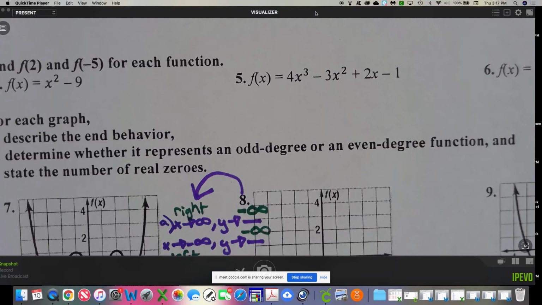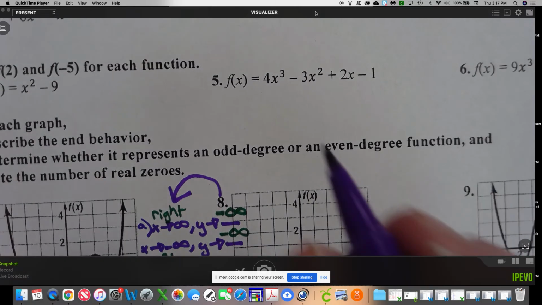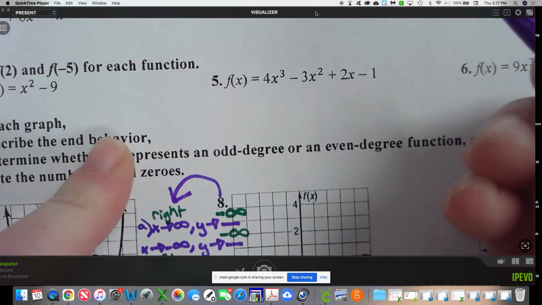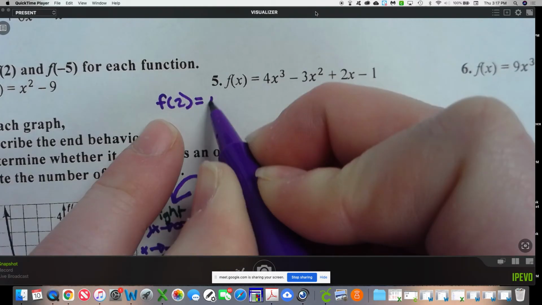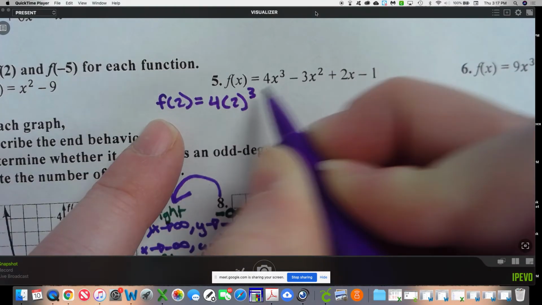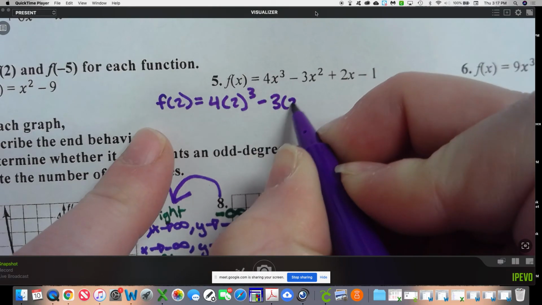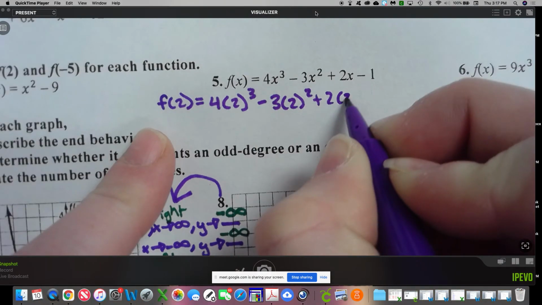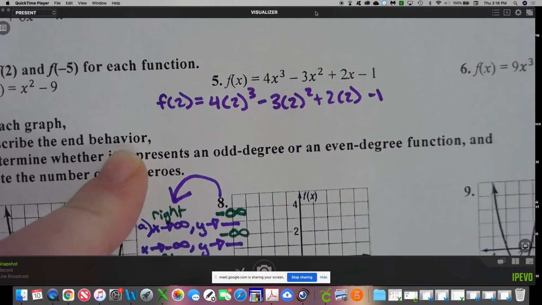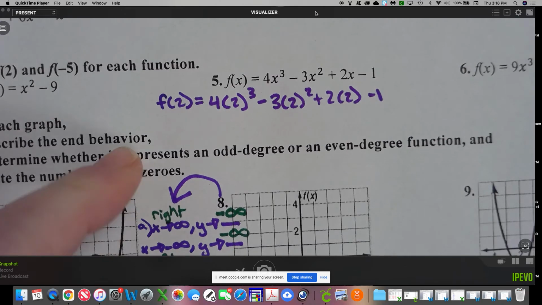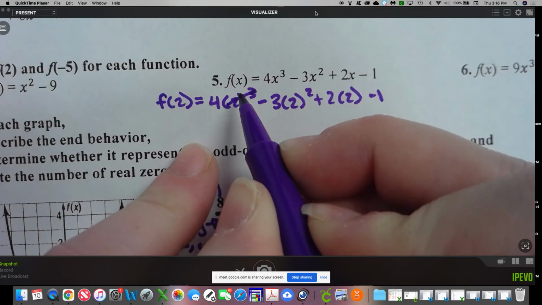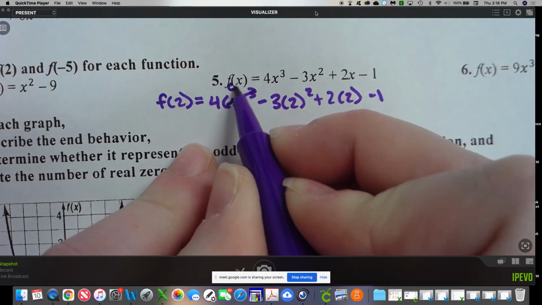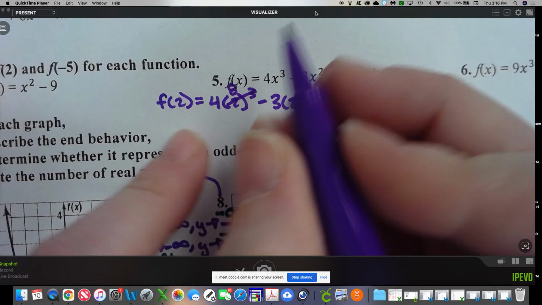Number 5. We're going to plug in 2 and negative 5. Let's plug in 2 first. I'm going to do that over here. F of 2: 4 times 2 to the third, minus 3 times 2 squared plus 2 times 2 minus 1. Okay, 2 to the third power is 8, and 8 times 4 is 32. What do we do next for this part?